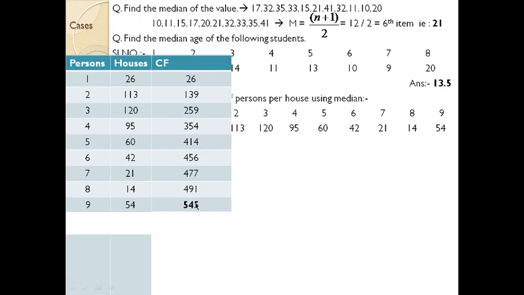And finally, it is 545. 545 is obtained by adding together all these frequencies. If your computation is right, then the total of frequency and the last line in the cumulative frequency will be equal. See, here it is 545, here it is also 545. So this is how you have to prepare a cumulative frequency.